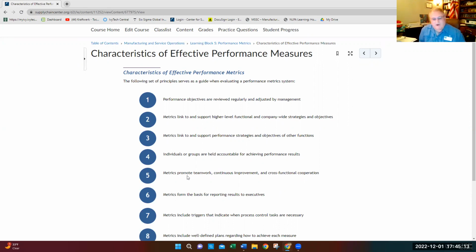Metrics promote teamwork, continuous improvement, and cross-functional cooperation. And so this is what I keyed in on, is trying to get people, if somebody was struggling, then one of the other professors, like I've done this myself, I've come in and did a guest lecture, or I came in and did an experiment in the classroom. I try to bring stuff to the classroom and have you guys do something hands-on.